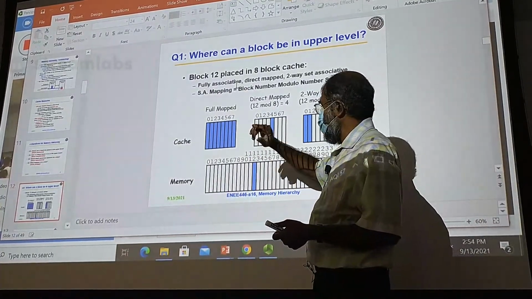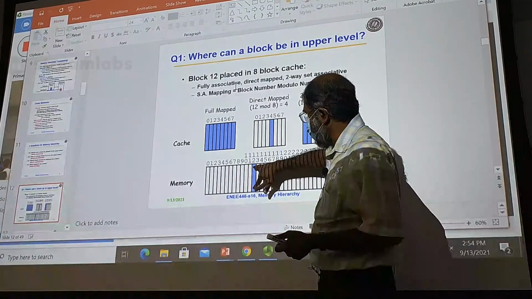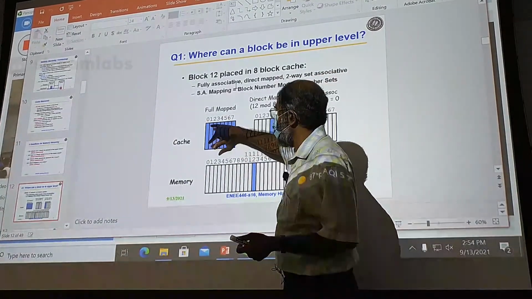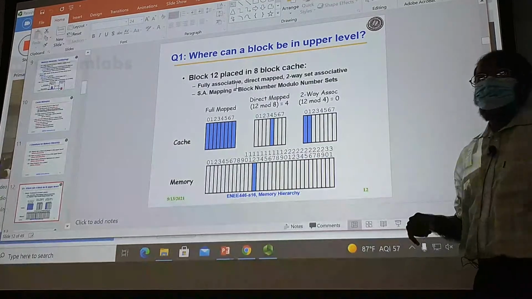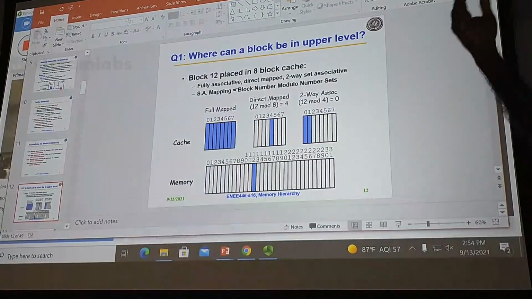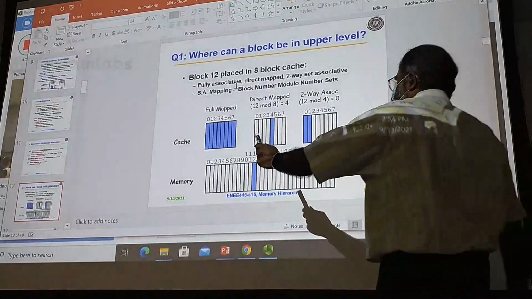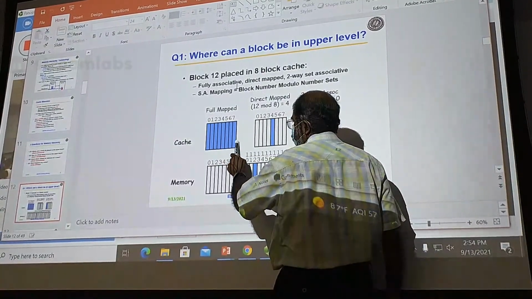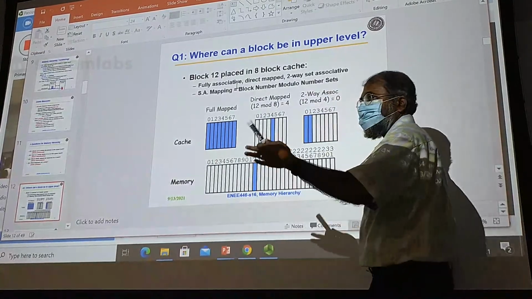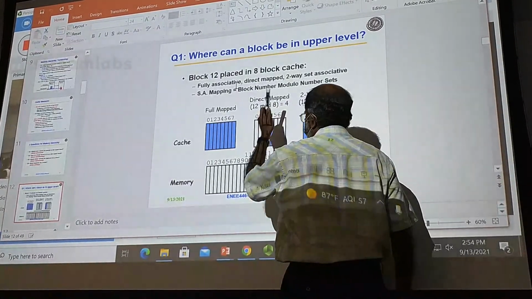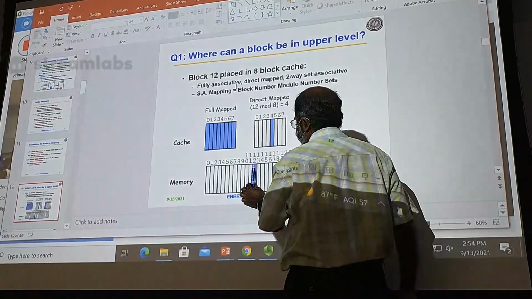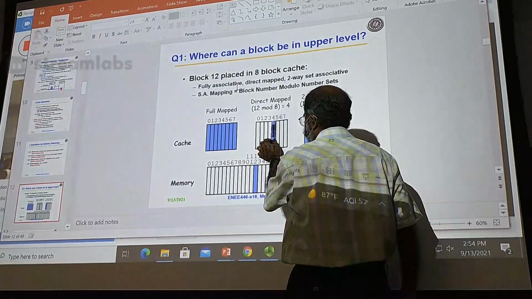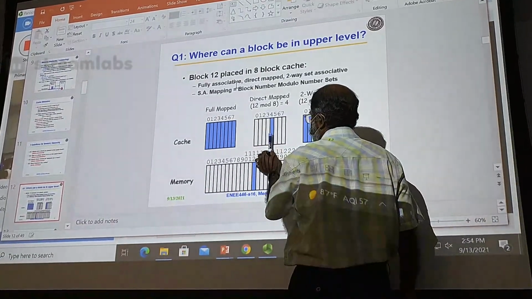And it's a miss in the cache, so this should be fetched, but where should it be placed? What are the choices for placing it? In fully associative mapping, the choice is it can be placed anywhere in the cache. The other extreme is direct mapping, where there is exactly 1 frame where it can go, which in this case is 4.